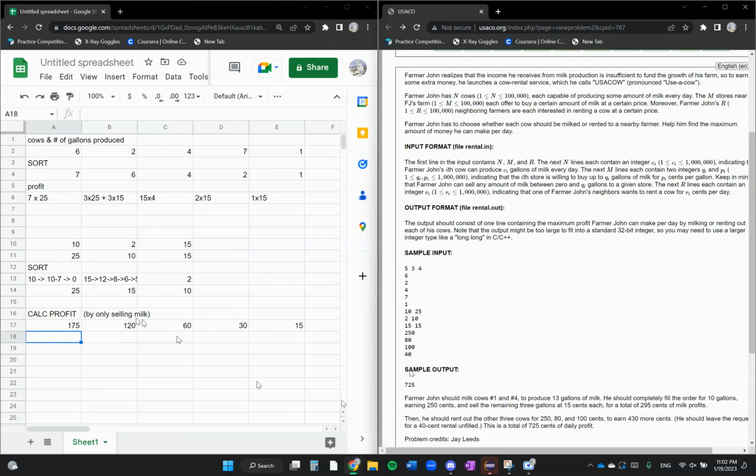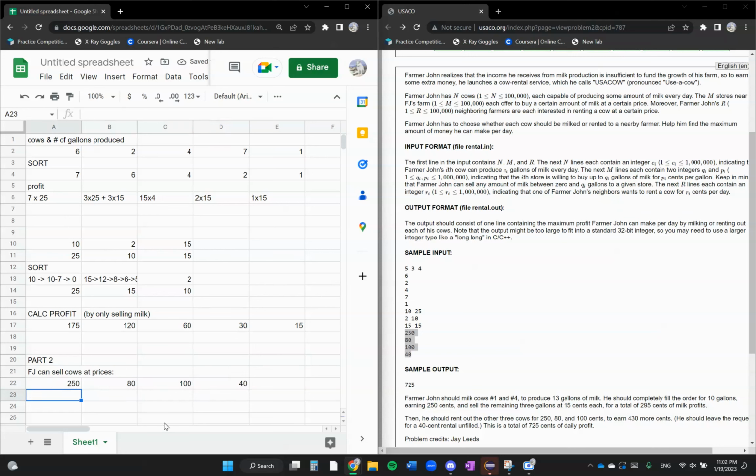And now we go on to part two. Let's just call it part two, so it's easy to organize. In this case, Farmer John can sell a cow for a certain amount of cents, detailed here, instead of milking them and then selling the milk. Farmer John can sell cows at prices, and that's 250, 80, 100, and 40 cents.